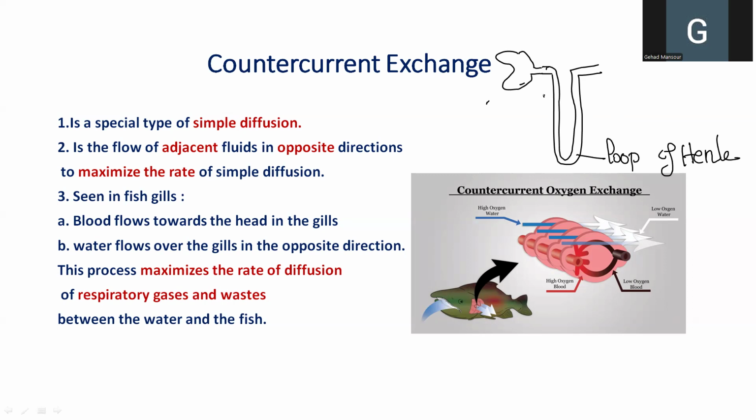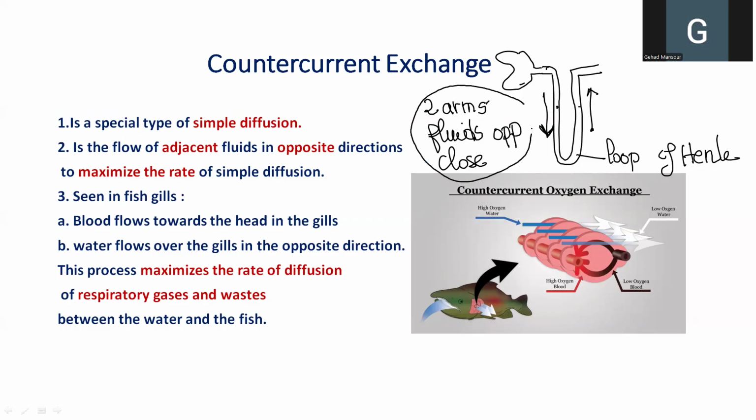In the loops of Henle, we find that the fluid that has been filtered moves first downwards and then upwards in those two arms. So you usually have two arms, with fluids moving in opposing directions, and they should be very close to each other.